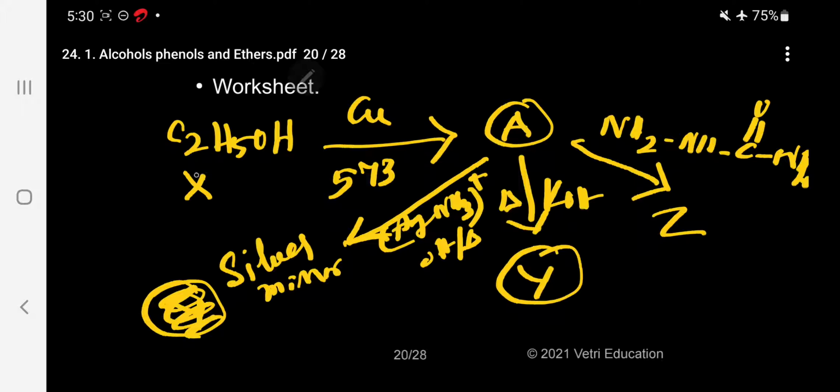Very simple. The starting compound is given clearly, so you can easily identify what will happen when treated with copper.